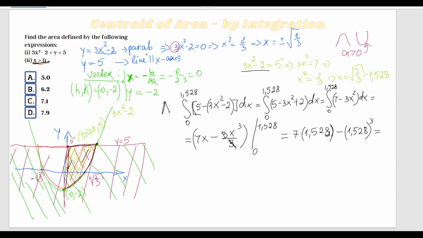This is the area that the problem is asking us to calculate. Let's do the calculation, and you'll get an area of 7.13. So the correct answer is C. I hope it made sense what we did here. Hopefully on the exam, you're not going to have such a complex problem.